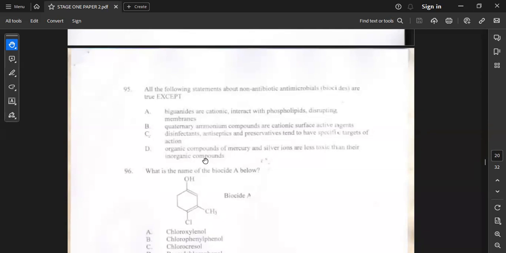I think B is true. I think we can eliminate B, that the quaternary ammonium compounds, it's true that they are usually cationic surface active agents. I think even C is true. Disinfectants tend to have specific targets of action.